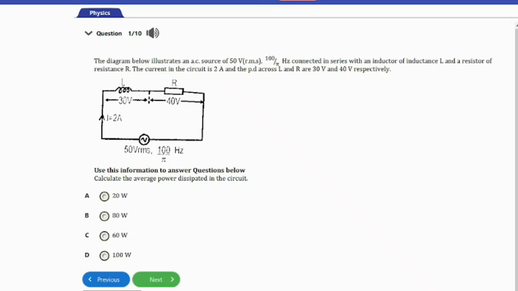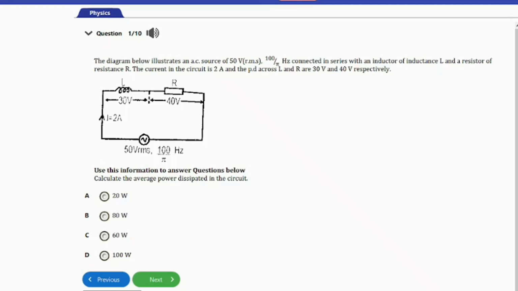It says, the diagram below illustrates an AC source of 50 volts root mean square, 100 over pi hertz, connected in series with an inductor of inductance L and a resistor of resistance R. The current in the circuit is 2 amps and the potential difference across L and R are 30 volts and 40 volts respectively.